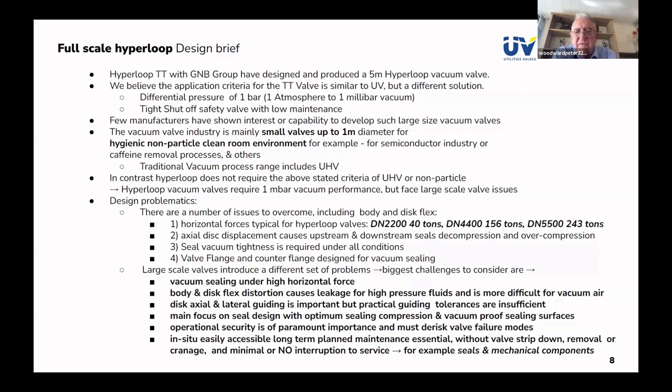And of course, much more difficult for vacuum air sealing. We'll have a look in a moment at the FEA analysis and the distortions that are created. But bodies and discs will flex.